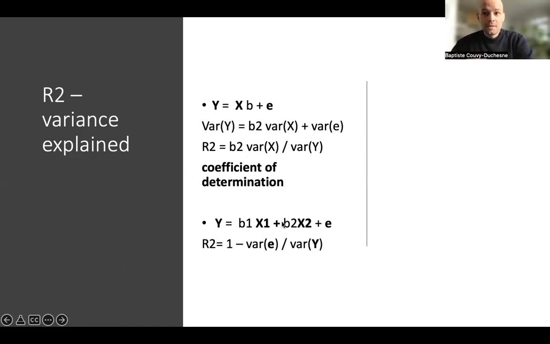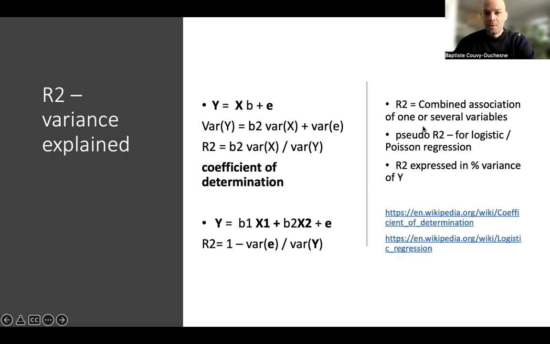Mind you, we can still derive measures of variance explained, or R squared, in the context of multiple regression, where we have several predictors x1, x2. Here, it often becomes simpler to use the variance of E, which is easier to estimate than the variance plus the covariance of the different terms. So in summary, the R-squared allows us to measure the association of a single variable, but also the combined association of several variables.